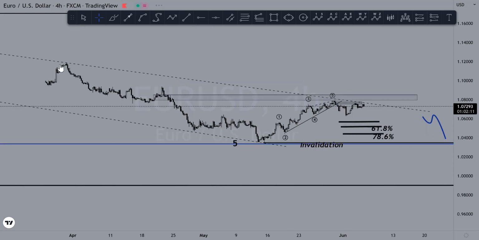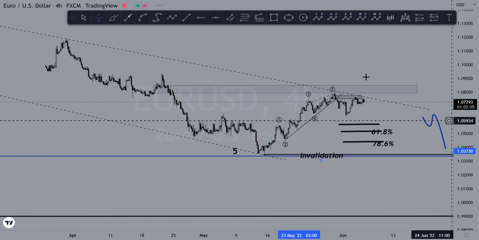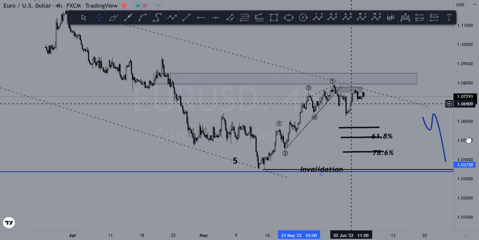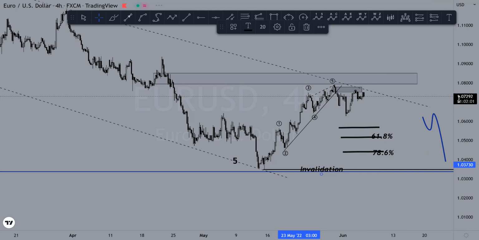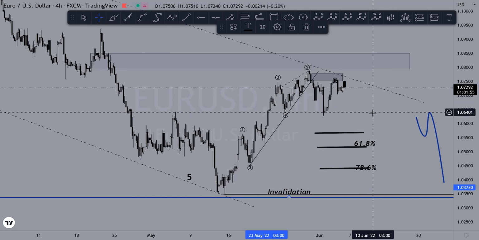Before we break this particular trend line there, I'm expecting a retracement to 68 levels and 78 levels, which will then give us our second wave as we go to the upside.